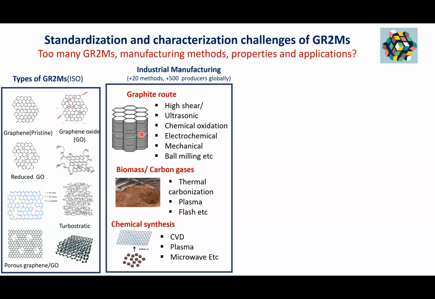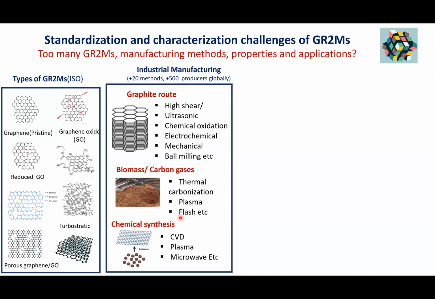Secondly, we have about 20 different graphene manufacturing methods from about 500 producers. The most popular routes to make graphene are from graphite. We have several processes here, but graphene can also be made from biomass or carbon gases or by chemical synthesis from organic molecules.